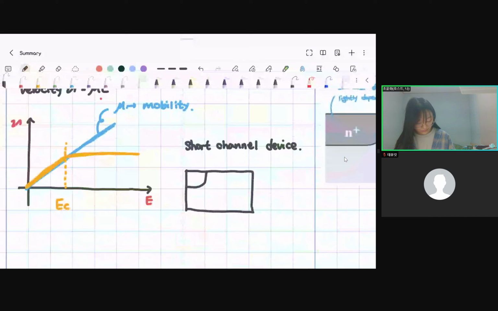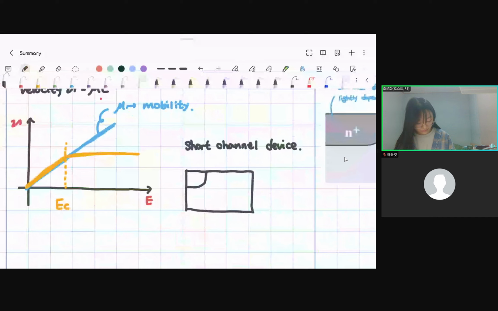So there is a velocity saturation phenomenon from here, and it means the mobility goes down, because when the velocity and electric field relationship is linear, the mobility is constant.